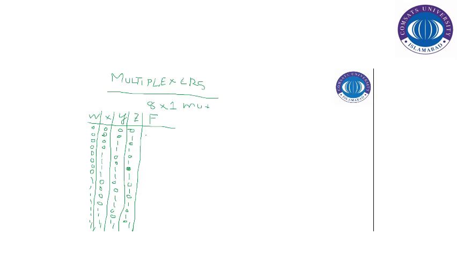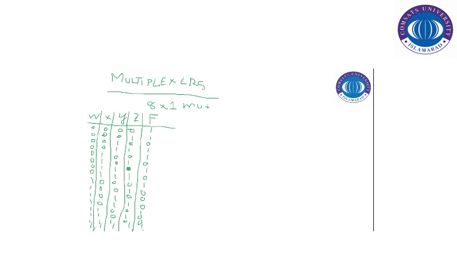And the output of this function is 1 1 0 1 1 0 1 0 1 0 0 0 1 and 0 0 1.